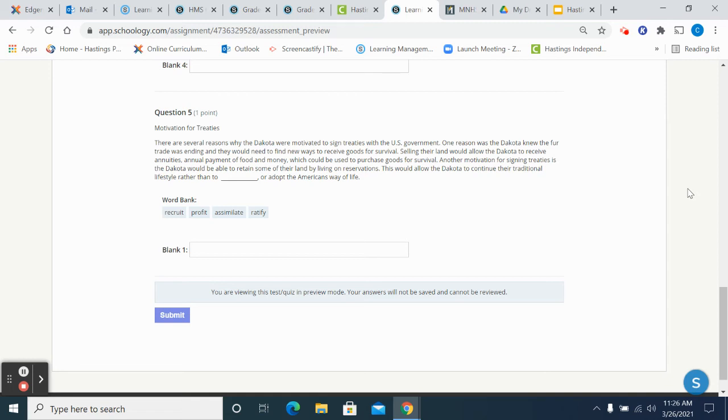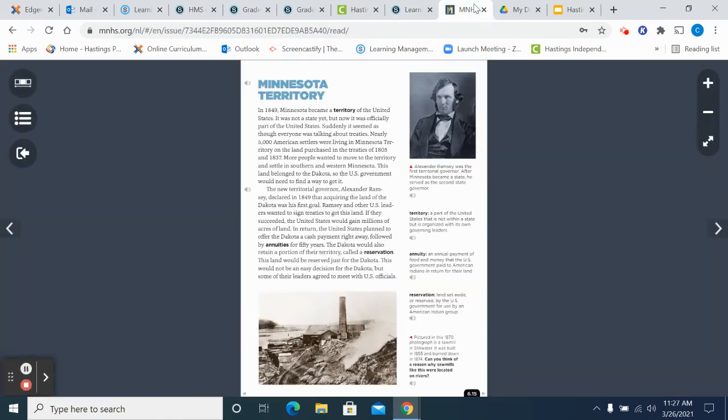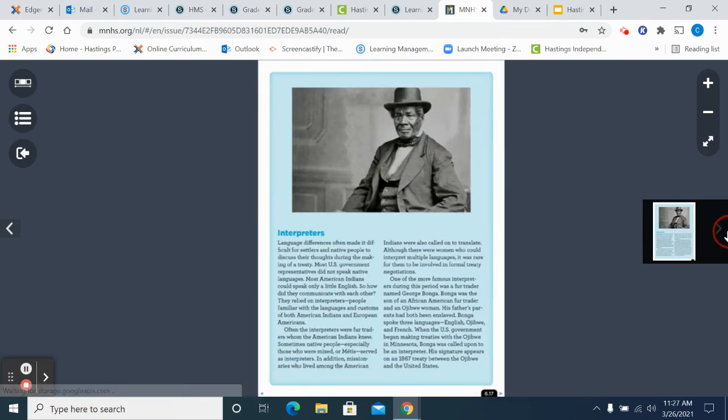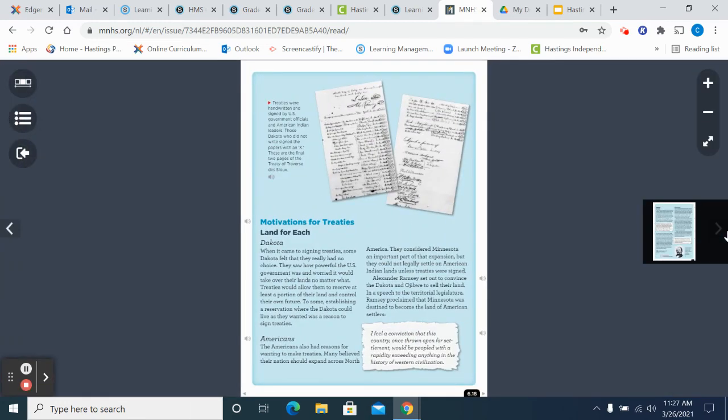Another motivation for signing treaties is the Dakota would be able to retain some of their land by living on reservations. This would allow the Dakota to continue their traditional lifestyle rather than to blank or adopt the Americans' way of life. So again, where are you going to locate that information? It comes directly from what you read recently, okay?